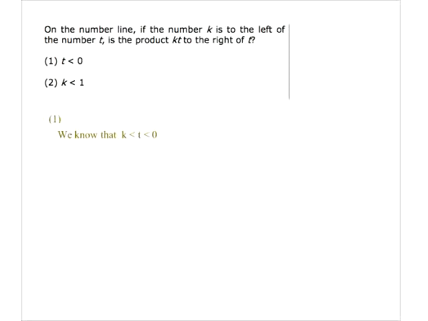So on the number line, we have 0, we have t, and we have k. This is not a scale diagram, but it has to be in this order at some position. So tell me something about kt.